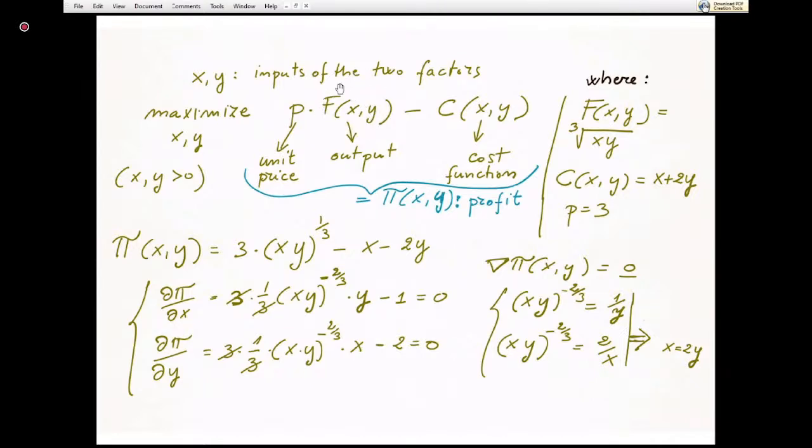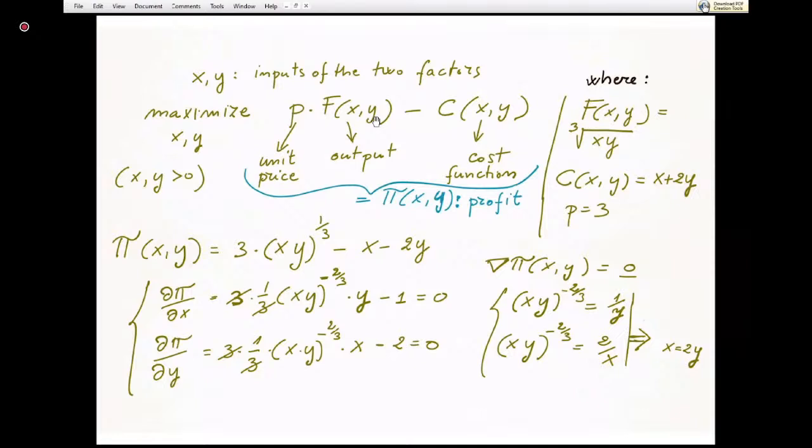Usually output is in terms of physical quantity. If I suppose that I can sell all the output at a given price P, this is the revenue: quantity of output, all sold at the price P. This is a cost function in which the amounts of the input are here, and this is the cost of production corresponding to X units of the first input and Y units of the second input, the variable cost, for instance.